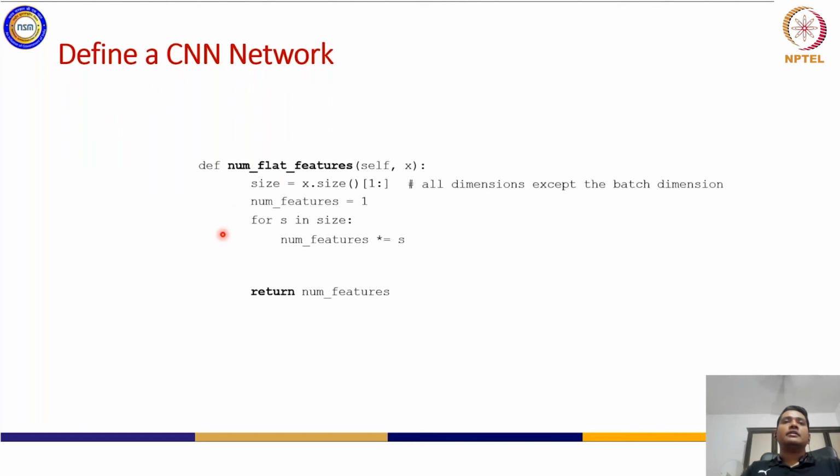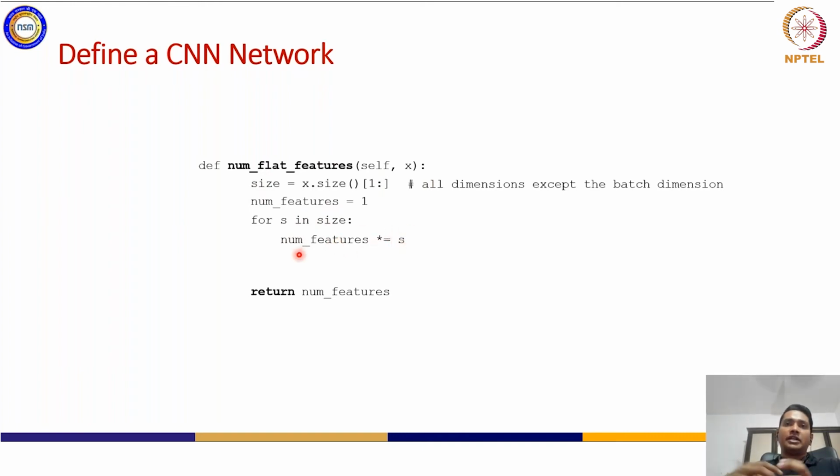This is the helper function I was talking about, num_flat_features. It takes the input tensor X, which is, let's say, 16 into 5 into 5, where 16 is the batch size. Here we are applying slicing. X.size gives you the list of sizes, and we are ignoring the first dimension, which is the batch size, taking all the other dimensions as a list, iterating through the sizes and multiplying.